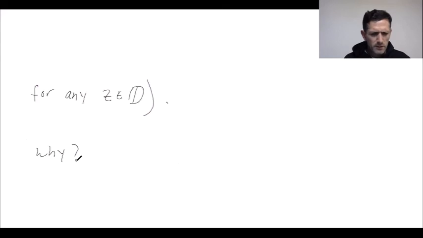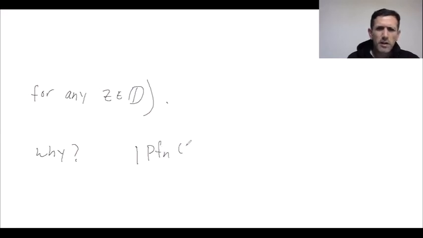Yeah, this is a little tricky, but let's use the Cauchy integral formula on the circle of radius r for r between 0 and 1. Okay, so Pfn of z.